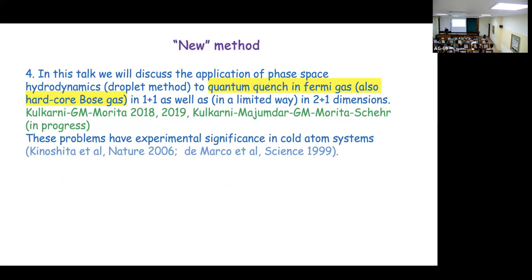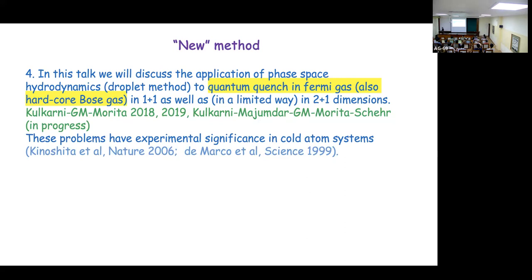Okay, so anyway, that's the general context. In this talk, I'm going to talk about a particular problem of how to develop post-quench time evolution of a one-dimensional, 1 plus 1-dimensional Fermi gas, or a hardcore Bose gas, which would be equivalent for my purposes here.